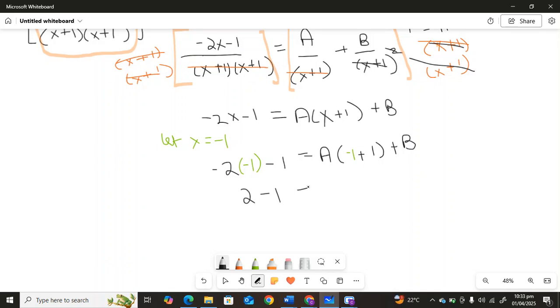We have 2 minus 1 here. -1 plus 1, that is 0. 0 times a, the a disappears. All right. So 2 minus 1, that is 1. So value of b equals 1.